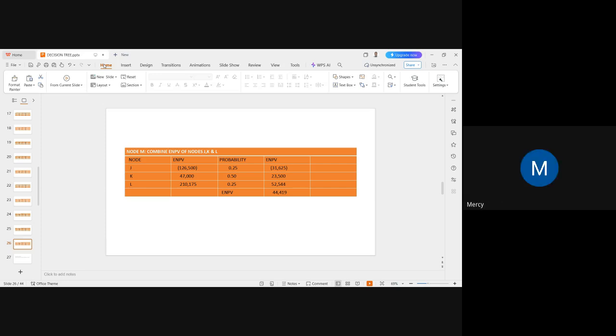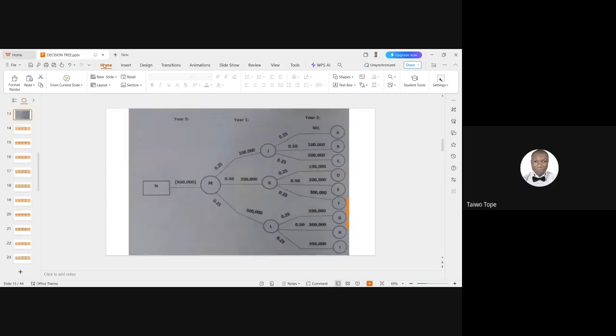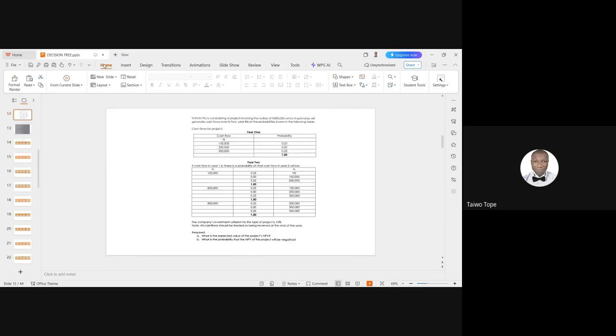So it means it is worthwhile investing. Yes, because we have a positive value. So now, let me go back to the question. What is the expected value of the project NPV? That is what you determined.